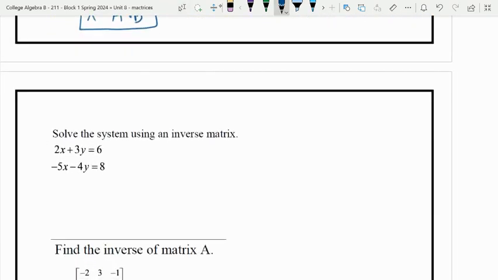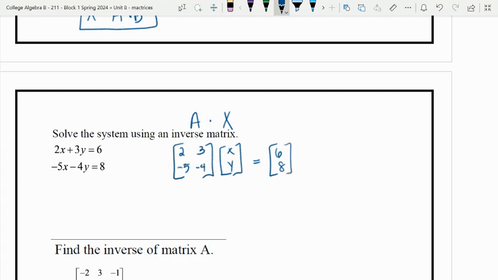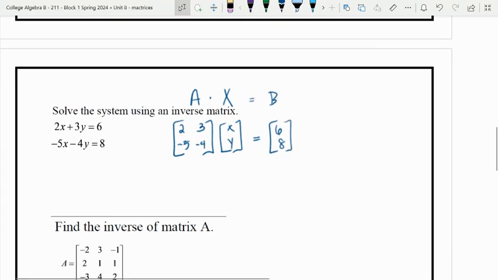The first thing you do is set this up. You put a 2, 3, -5, -4. So this is our A matrix. Then I'm going to put X and Y here. This is my capital X matrix, equals 6, 8, which is my B matrix. So A matrix is a 2 by 2 and B is a 2 by 1.